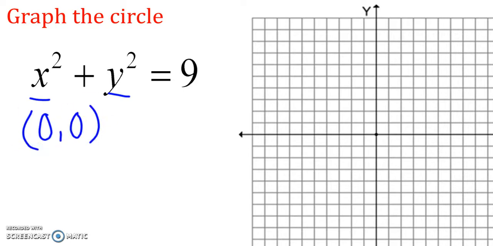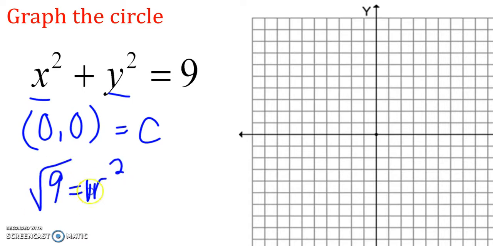So that's my center. And the radius, you've got to be careful, because if this is the standard equation, then 9 equals r squared. Remember, we take the square root and the radius could be both positive or negative 3, but we can't have a radius with a negative length, so the answer is 3.